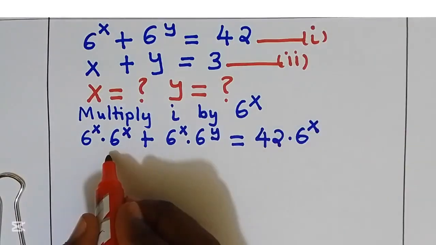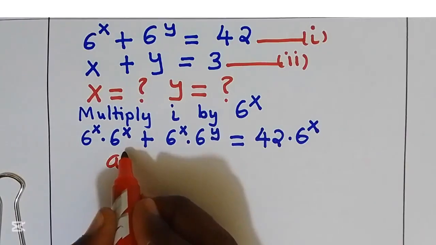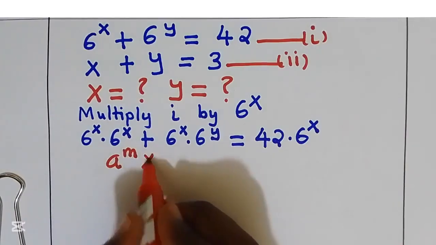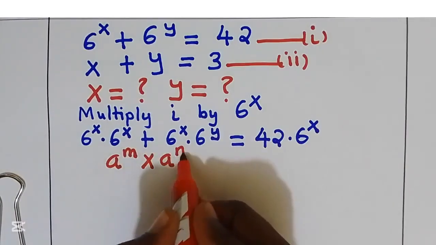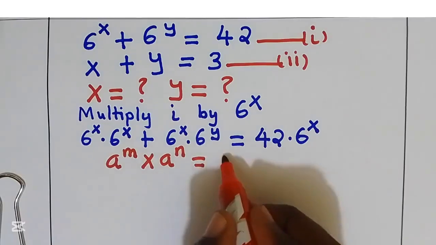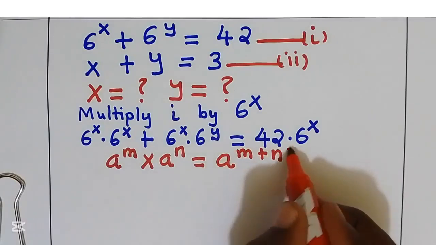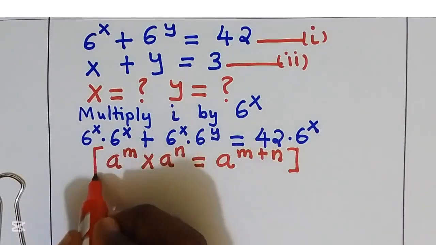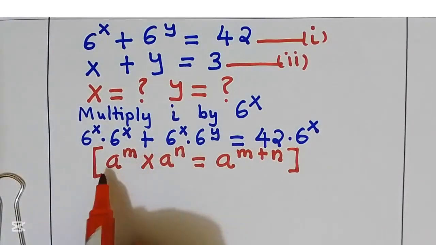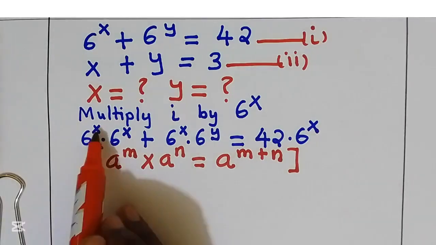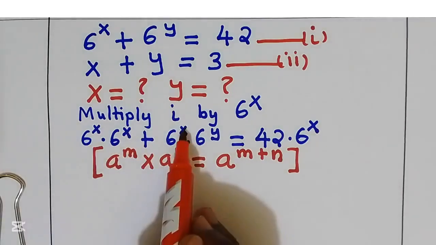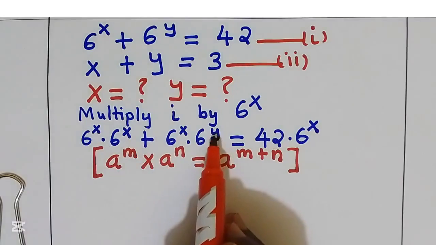But from identity, a power m multiplied by a power n is equal to a power m plus n. I'm going to use this identity to combine x and y.